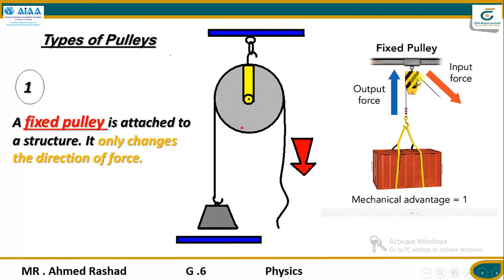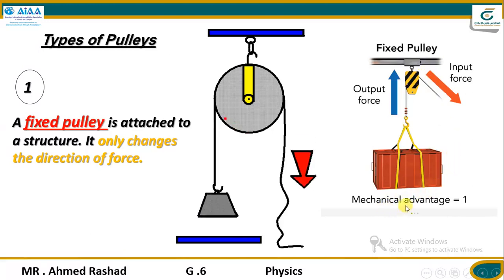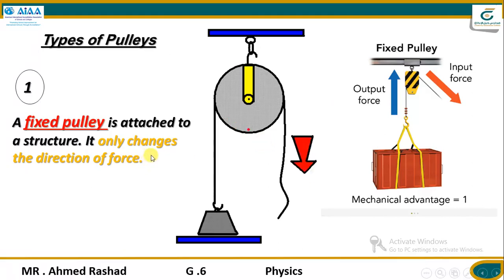We have different directions of input and output force, and we can calculate the mechanical advantage for the fixed pulley, and that equals 1. So the main point here is the direction. It changes only the direction of force from input to output.